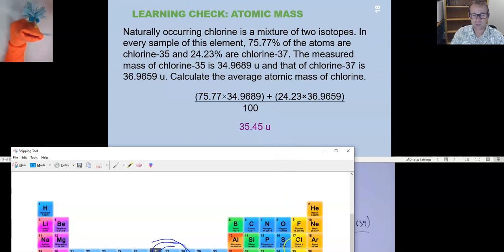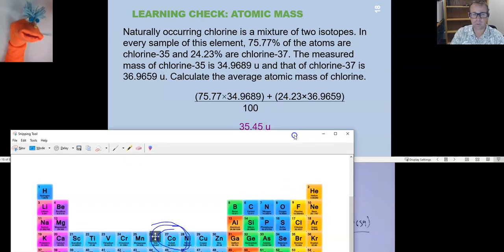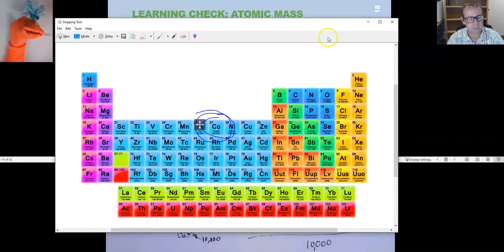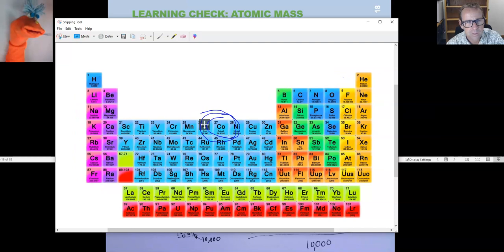Okay? So it has this fraction number. It's not a whole number always because of the different isotopes that exist, right? Again, this is an isotope, chlorine 35, and chlorine 37 is a different isotope. So the numbers that we see on the periodic table, that number there is what we call the average.